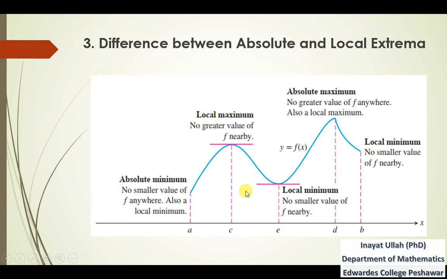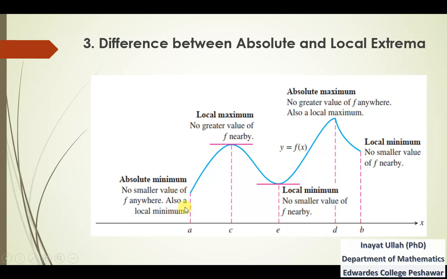In this graph we see that there are three minimum distances. If you see here, this is the minimum distance, that one and that one. Among these three minimum distances, this is the smallest, so we say that this is the absolute minimum value of the function.